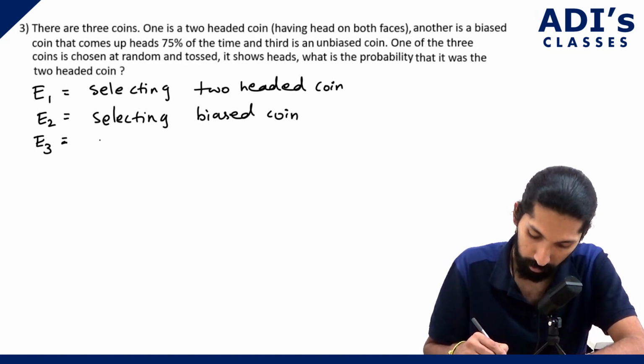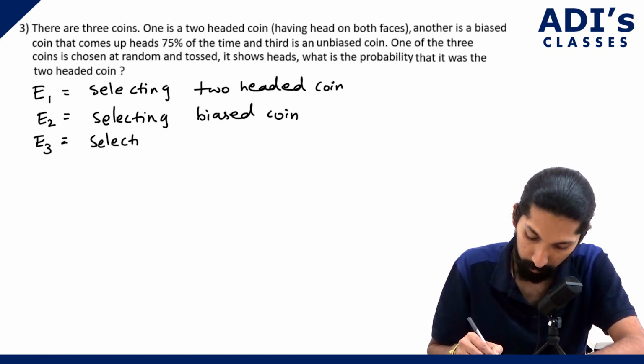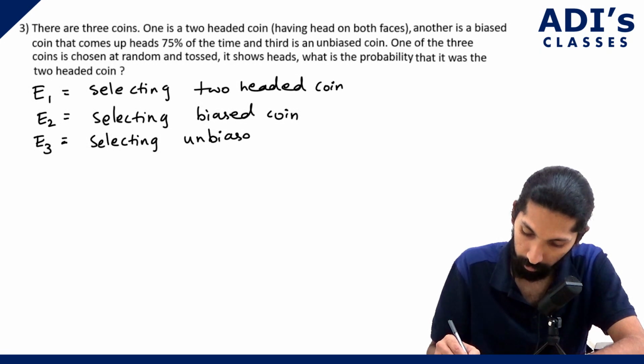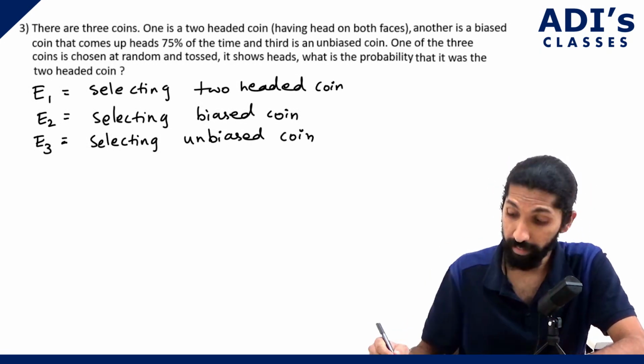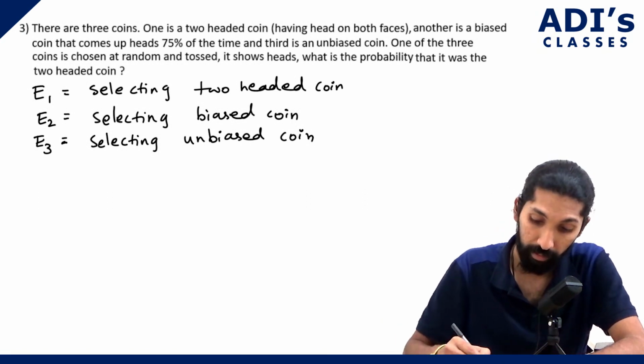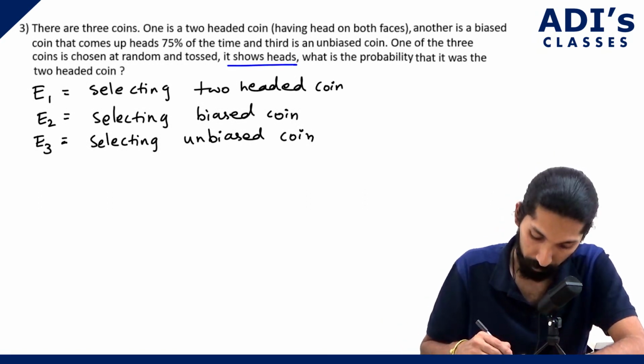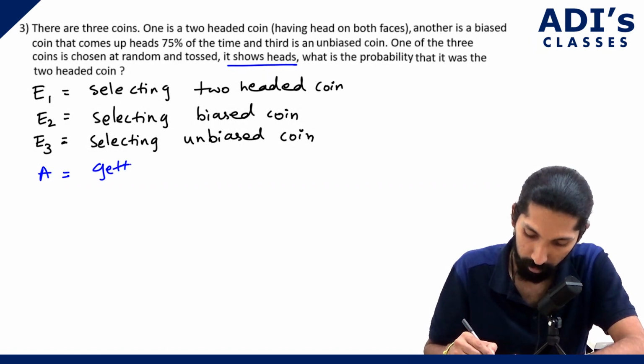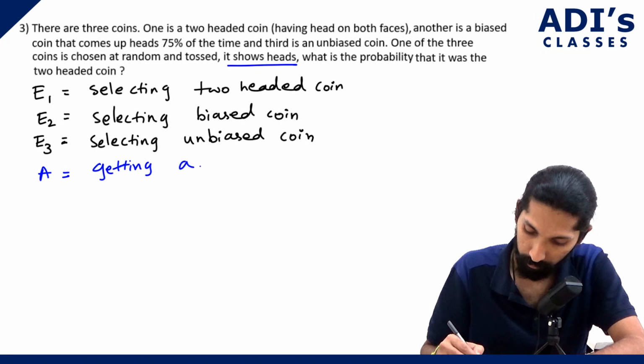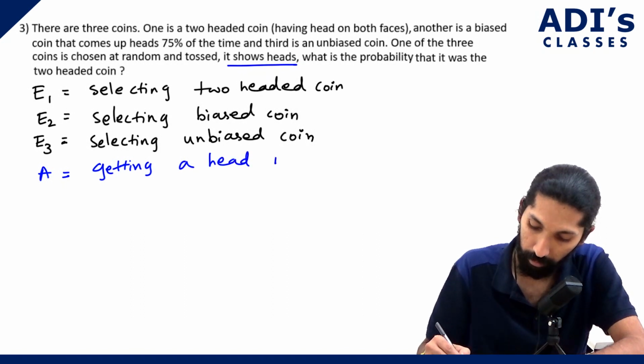Third one, E3, selecting the unbiased coin. Now what is event A? So event A is getting a head, isn't it? So event A is getting a head when tossed.